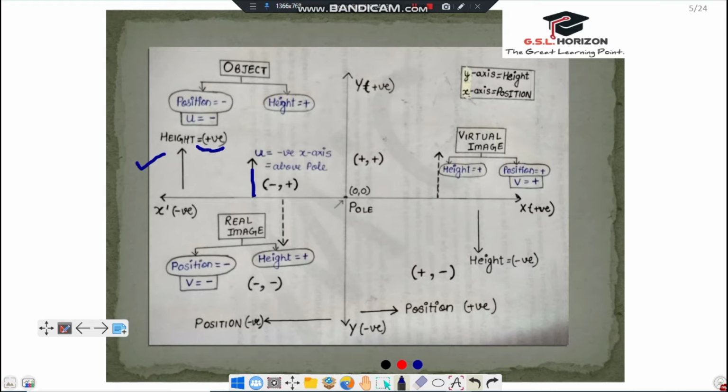Since the object is placed on the left side of the mirror, the direction of the incident ray is from left to right. Therefore, the distances measured from the pole towards the left are taken as negative, while those towards the right from the pole are taken as positive.